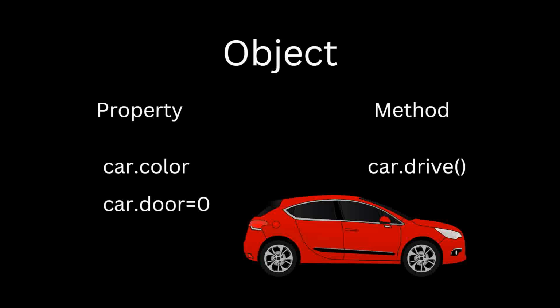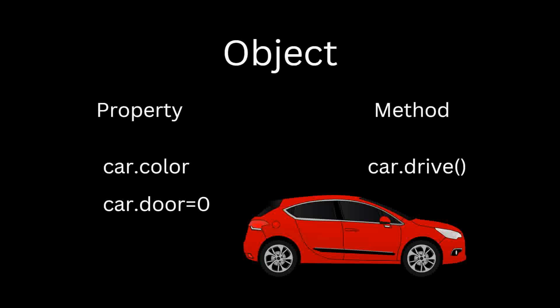In property, either you're setting a property or getting a property. For example, if I write car.color, you'll get the property that it's red color. But if I set the property car.door equals to 0, all the doors will vanish, and this is setting a property.